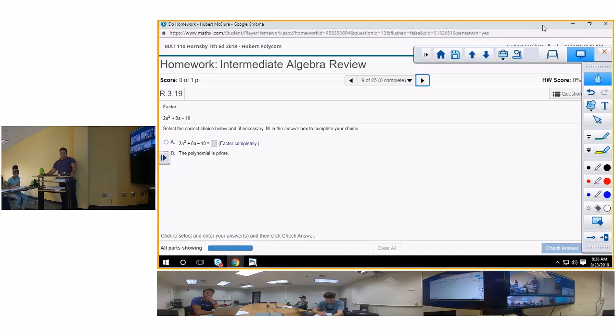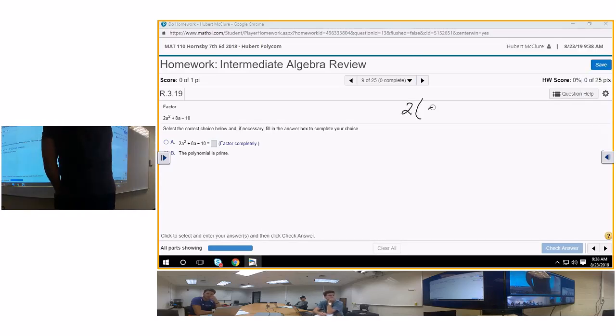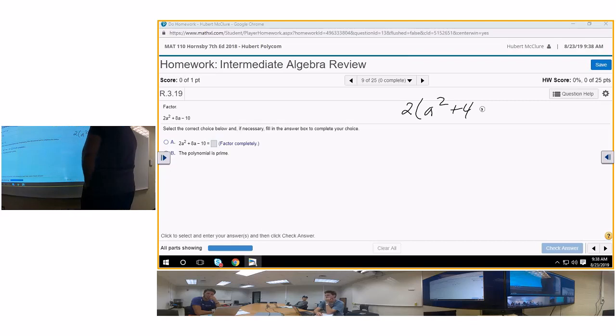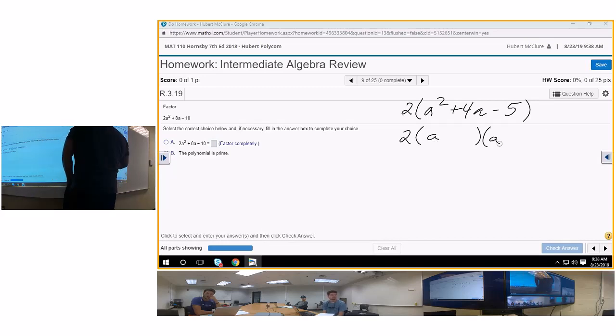All right, y'all ready? So factor out a 2. Factoring out the 2, you're going to get 2a squared plus 4a minus 5, 2a, 1, and 5. Now you can't mess up 1 and 5.